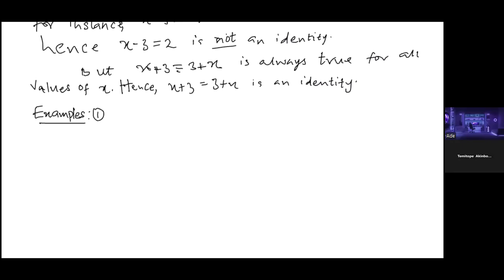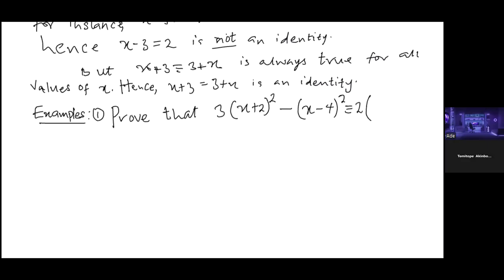This question says, prove that 3 into x plus 2 all squared minus x minus 4 all squared is equivalent to 2 into x squared plus 10x minus 2. So when you're done writing that, let me know.